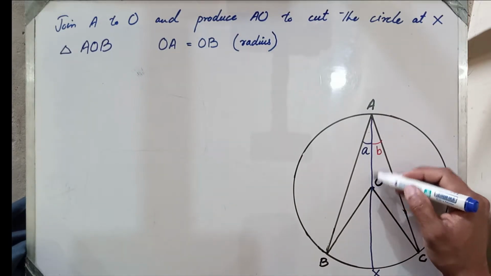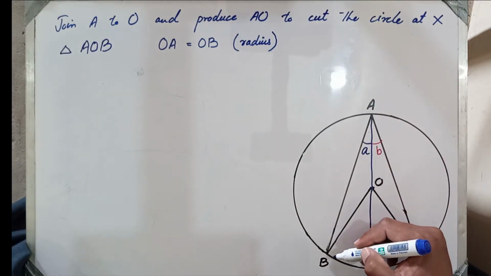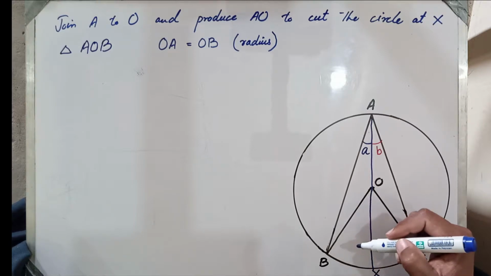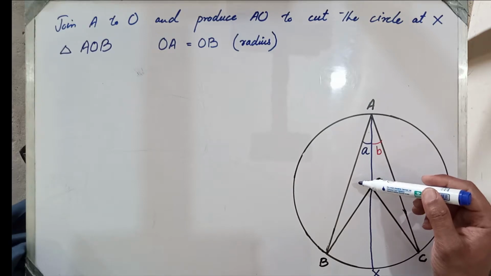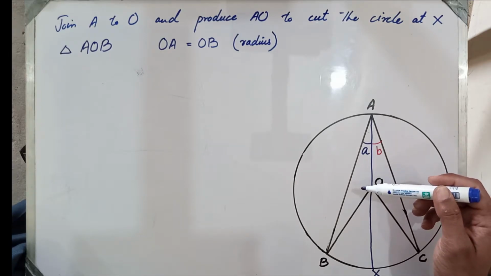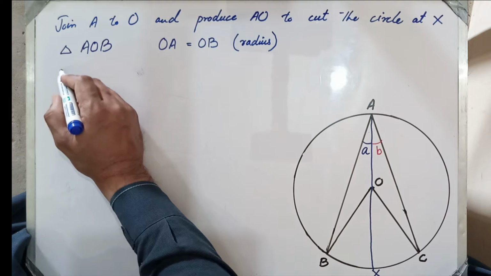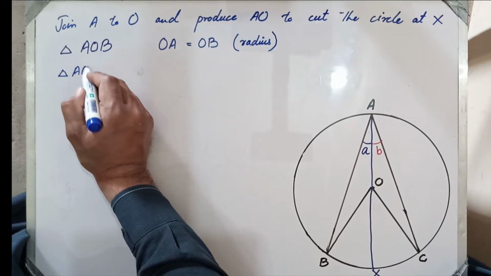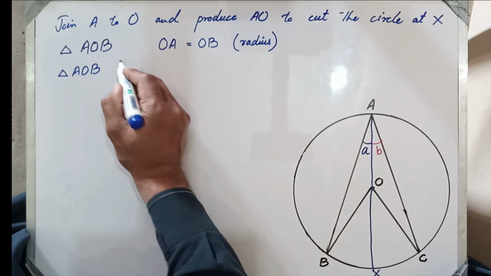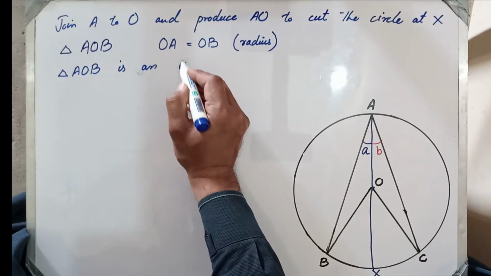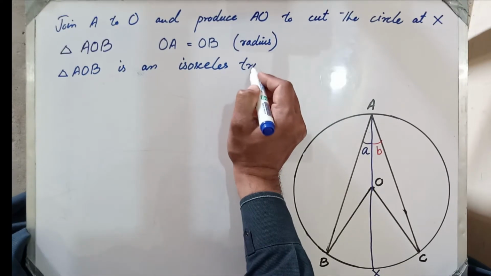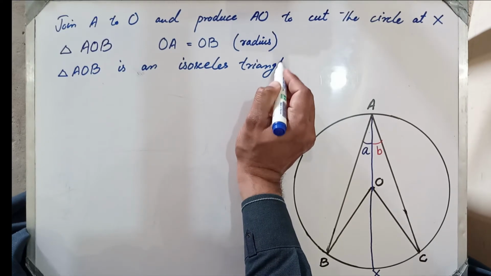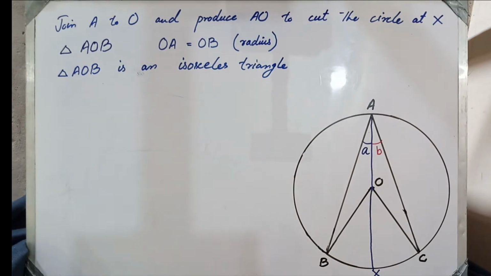When OA and OB are the same sides of triangle AOB, this triangle is an isosceles triangle, because its two sides OA and OB are the same.